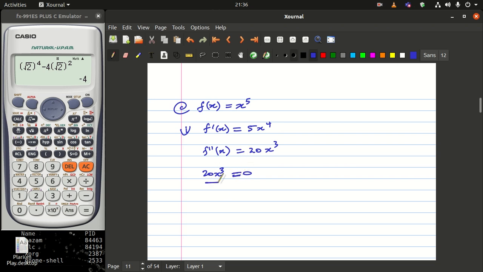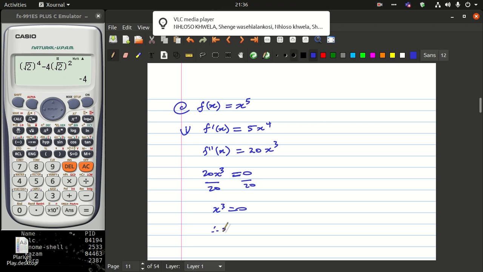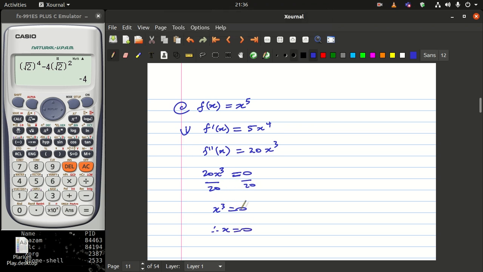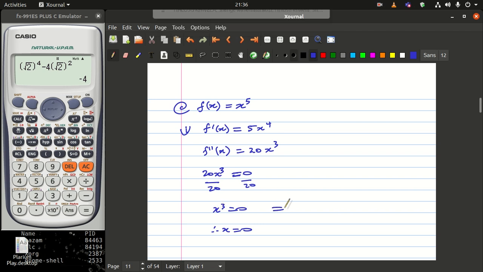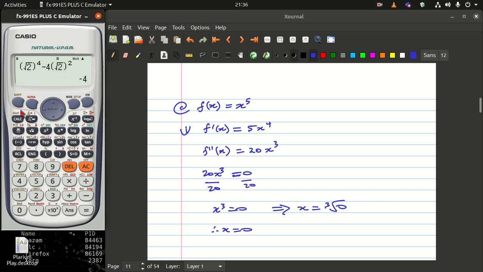So I divide by 20 on both sides, and then I will end up having x cubed is equal to 0, and therefore x is just going to be 0, because x times x times x is equal to 0. That can only happen if x is equal to 0, or you can say that x is equal to the cube root of 0, and you know that the cube root of 0 is going to be a nice 0.